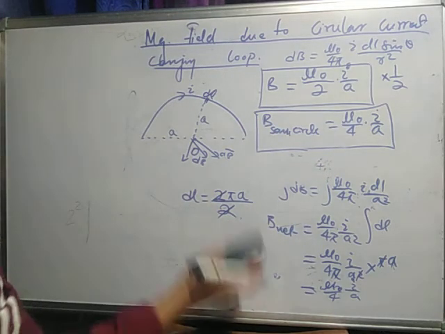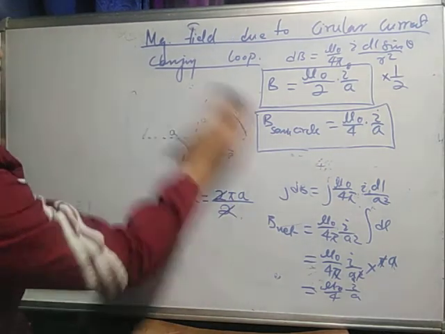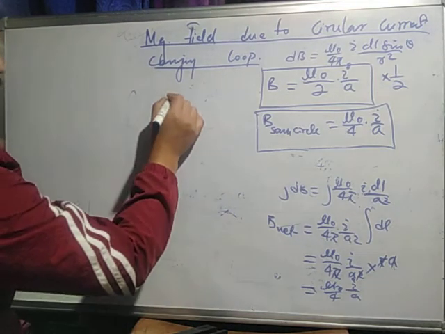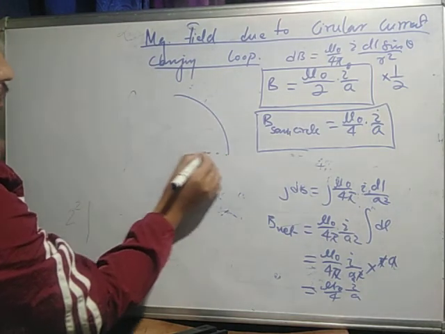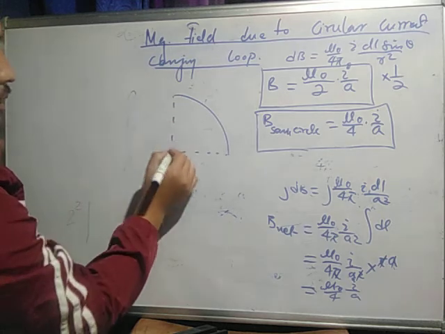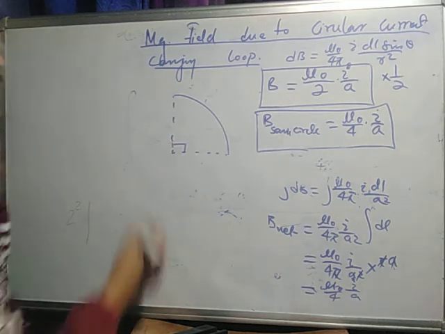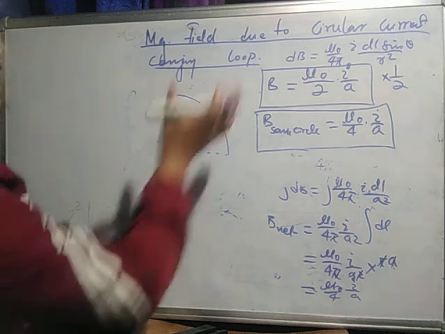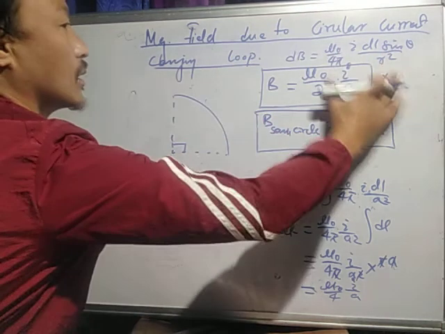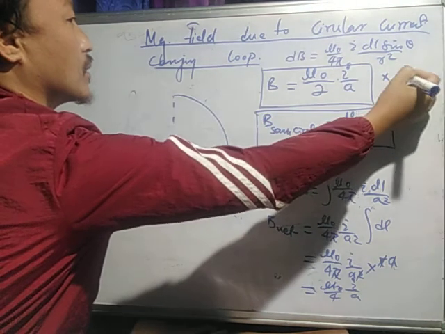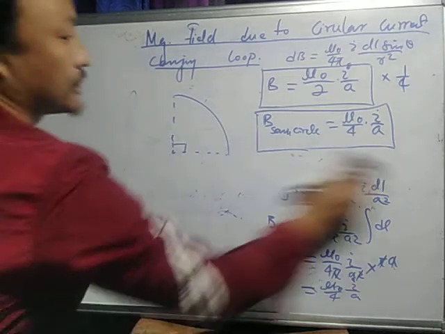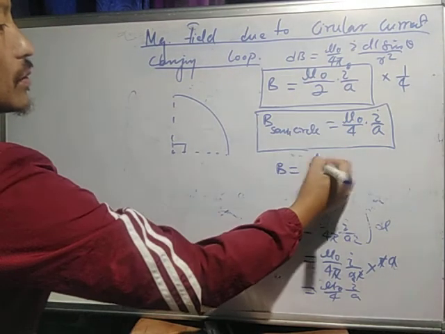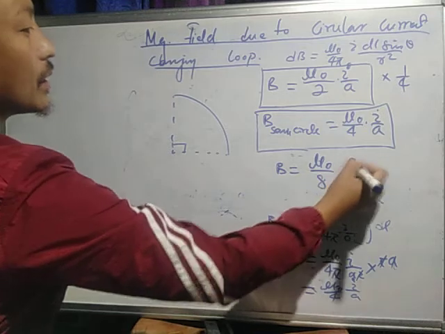Similarly, you can also get a question on a quadrant, isn't it? If it is a quadrant, it looks like this. So you'll get this type of thing. A quadrant is 90 degrees, isn't it? So this is your quadrant, 4 parts of the circle. So divide it by 1/4. What is 1/4 of it? B equals to mu naught by 8 I by a.